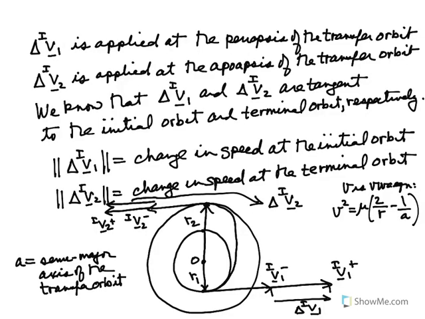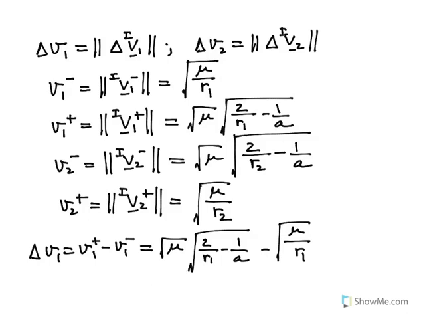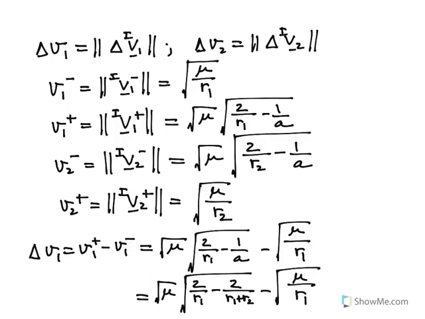This is the semi-major axis of the transfer orbit, but you can see that the semi-major axis is equal to r1 plus r2 all divided by 2. So as a result, I can actually put that into this equation, and I get the square root of 2 over r1 minus 2 over r1 plus r2 minus the square root of mu over r1.